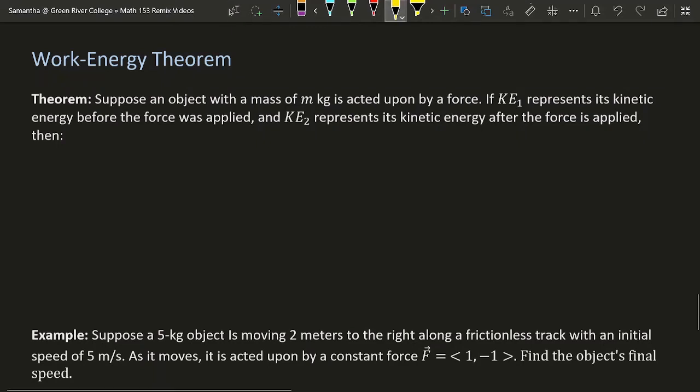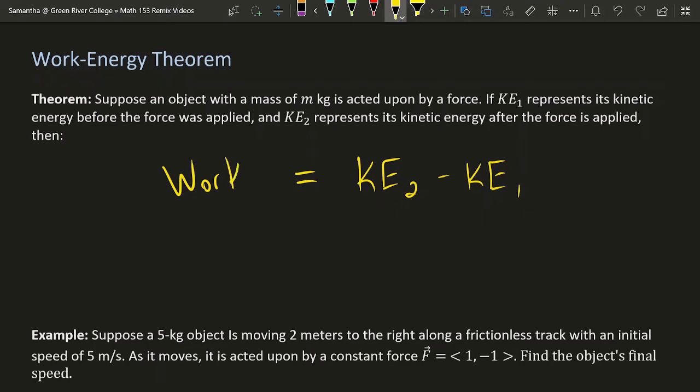It's captured by this. The difference between the final kinetic energy and the initial kinetic energy is exactly equal to the work done by the force on this object as it moves.